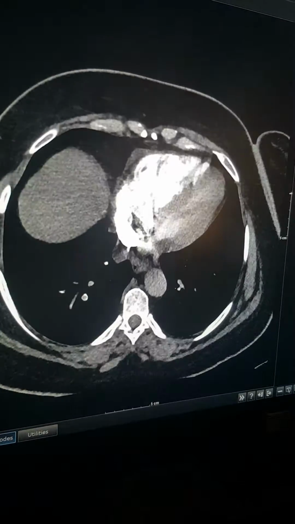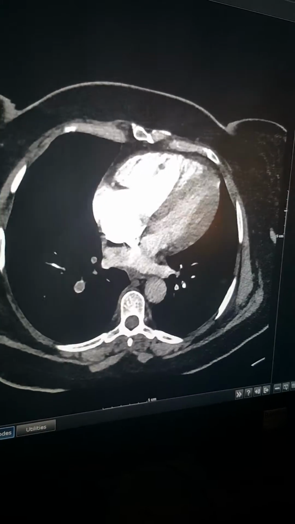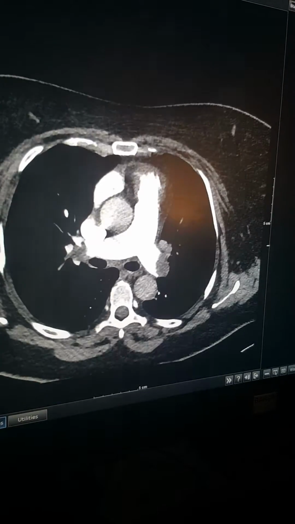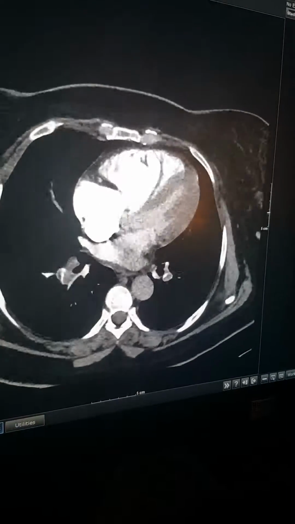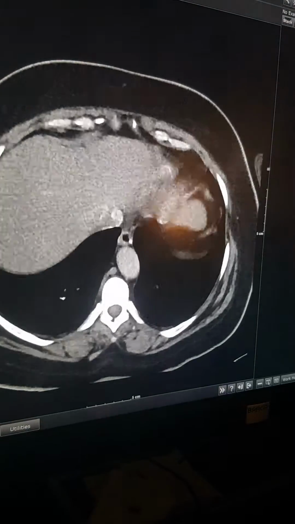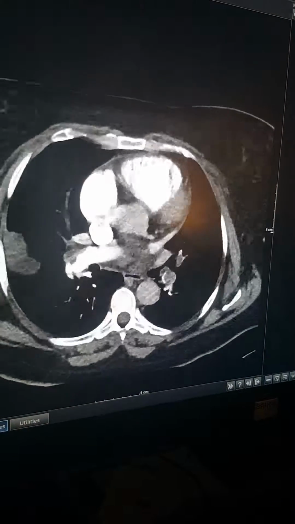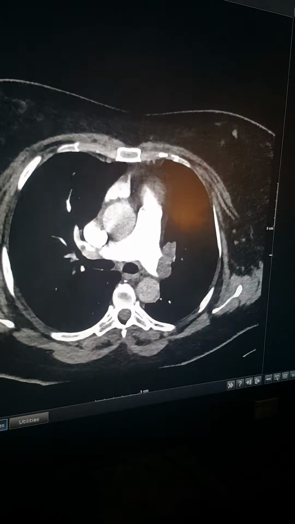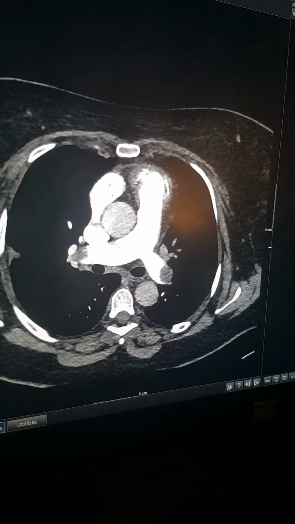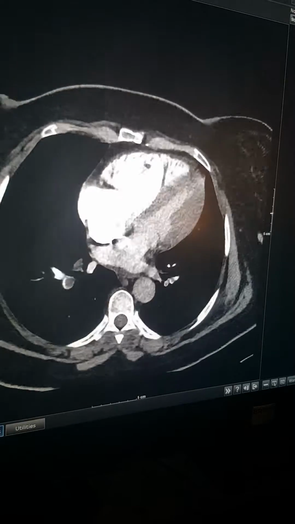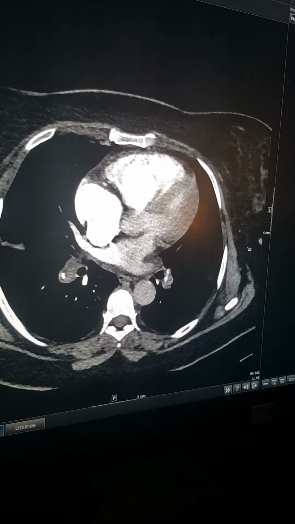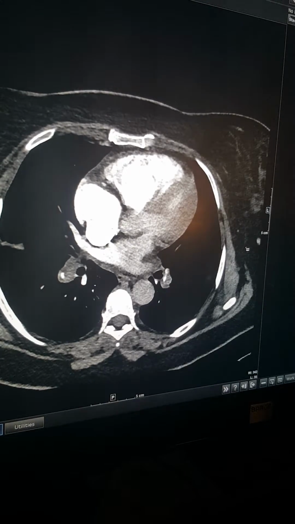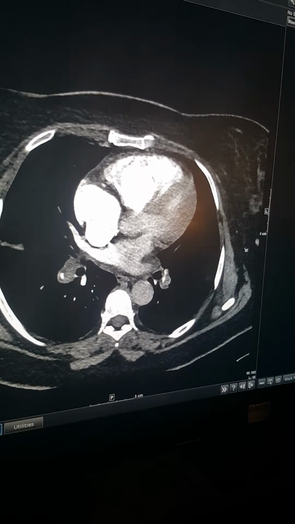The other thing is the relative contraindications, which are pregnancy and the low probability on the clinical side. Renal impairment: people try to get renal impairment as a very high bar in some centers, but some people find that high creatinine is something they can manage.